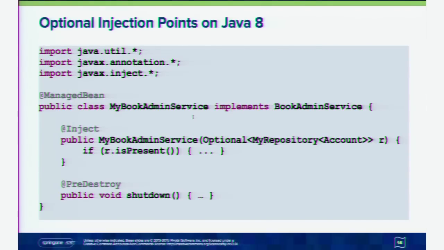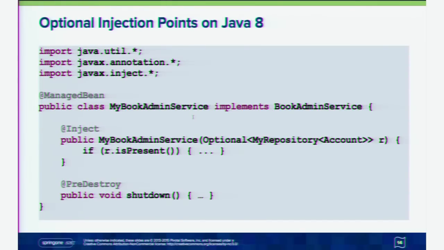Optional is java.util.Optional, and there's a bit of a debate about the use of Optional in your code. We're not enforcing it at all, but if you're using it, if you're declaring such injection arguments, injection parameters as Optional, we're going to resolve it for you. We're going to look for a MyRepository of Account.